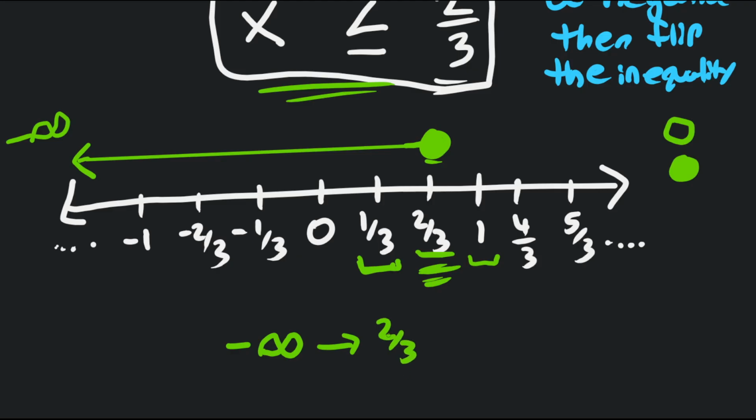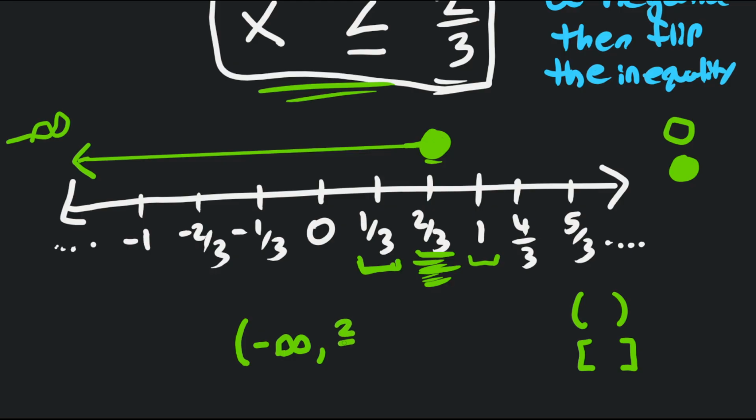And how you represent this using interval notation is, whenever you have interval notation, you are either going to use parentheses or brackets. So what this would look like in interval notation, we'll use a parenthesis. Negative infinity is the lowest value, comma, and the highest value, as we said, is 2/3.